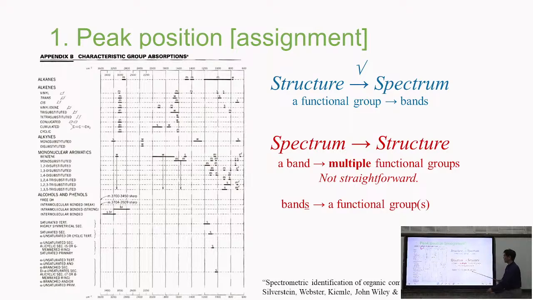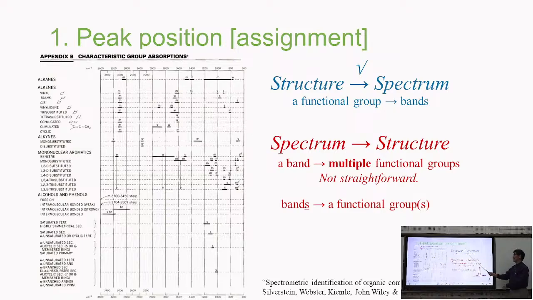It's okay. The opposite direction is not so clear. Please remember, when we know only the spectrum, we need to be careful in deriving the structure. It's because one band at a certain position cannot be uniquely assigned to one vibration.